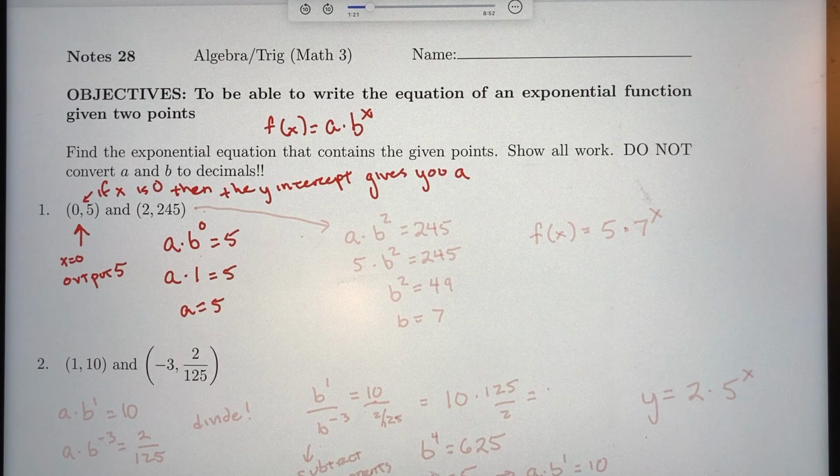So for problems 2 and 3, for instance, we have to do a little bit more work because we won't know a or b immediately. The second problem, x is 2, that goes up in the exponent. So a times b to the 2 is 245. Let's plug in the number for a.